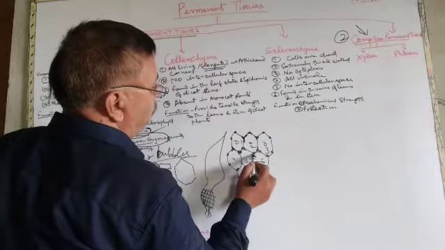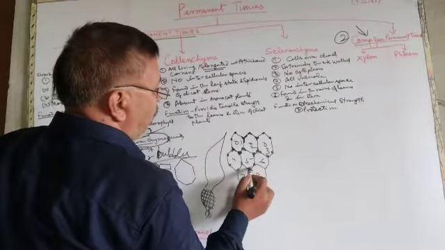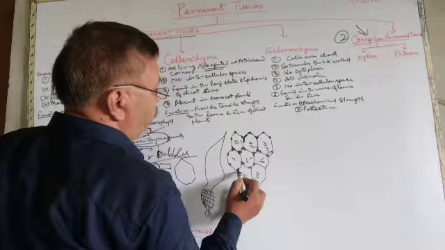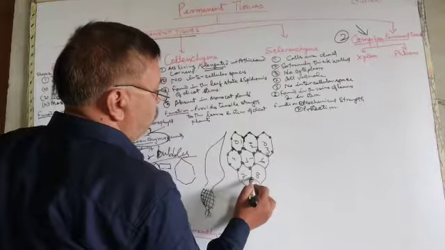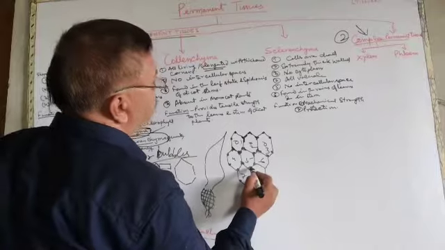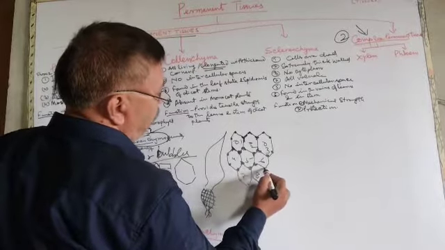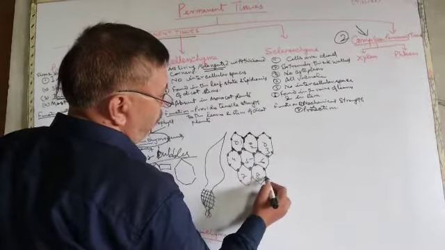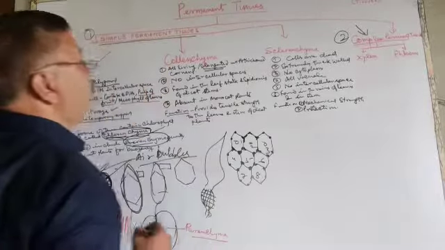Where in the case of parenchyma these corners had the intercellular space, here these corners become thick because of deposition of lignin.